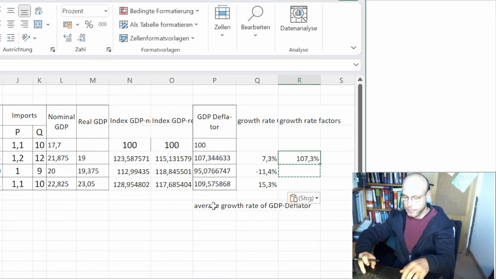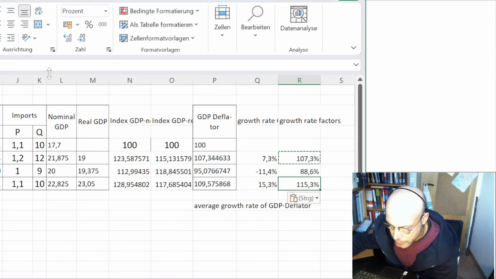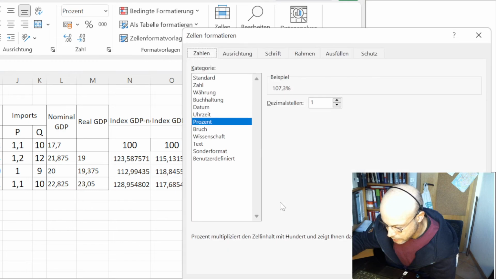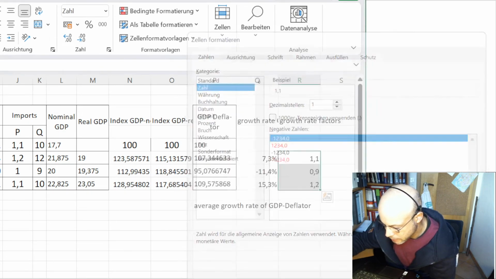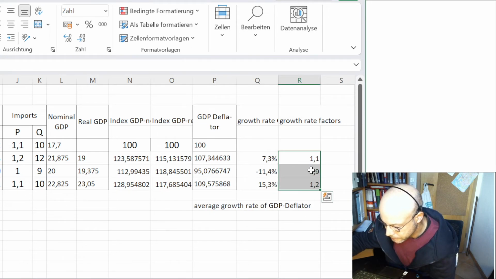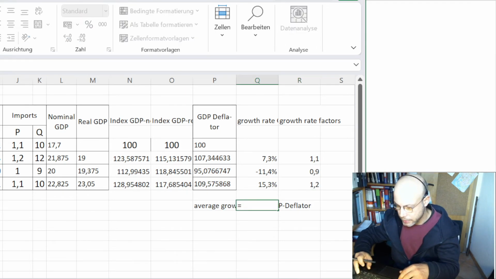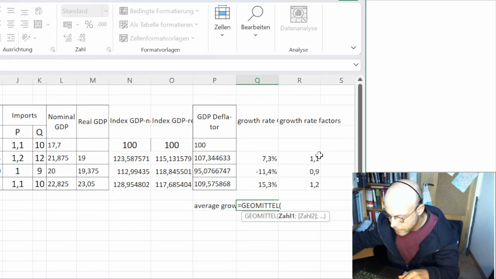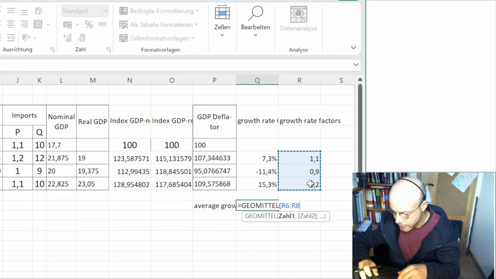Oops. Copy. Yeah, we don't want to have the percentage format. So just numbers, and then taking the geometric mean of these three numbers.